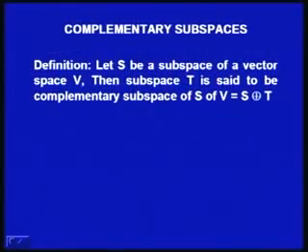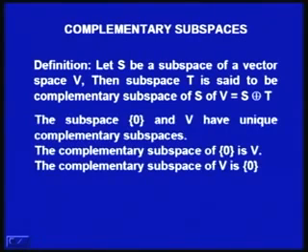Now, with this we come to another topic, that is complementary subspaces. So, first we define complementary subspaces. According to the definition, let S be a subspace of a vector space V, then subspace T is said to be a complementary subspace of S if it can be expressed as V is equal to the direct sum of S and T. Trivially, the subspaces 0 and V have unique complementary subspaces.